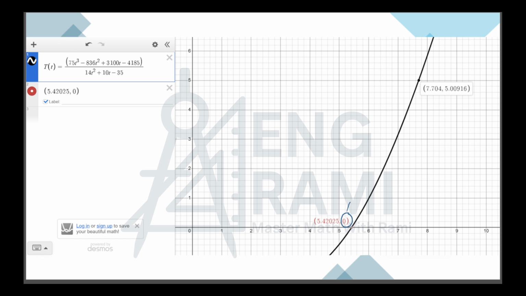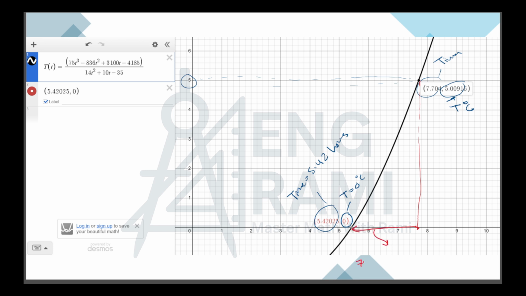This is temperature equals 0 Celsius degrees, and this is time, which is equal to 5.42 hours. And the second point is at 5, which is the temperature, and this is time. So the idea is just to calculate the difference in time between these 2 points.